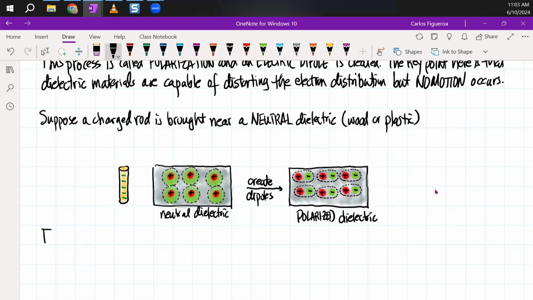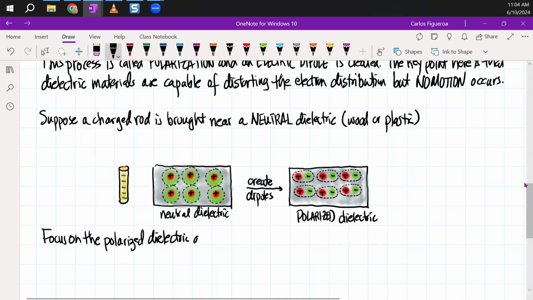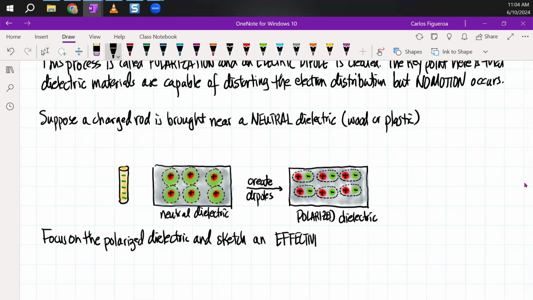So I'm going to focus on the polarized dielectric and sketch an effective model.